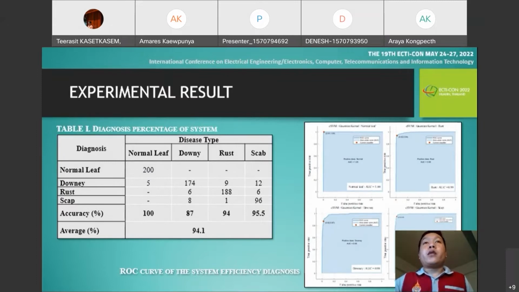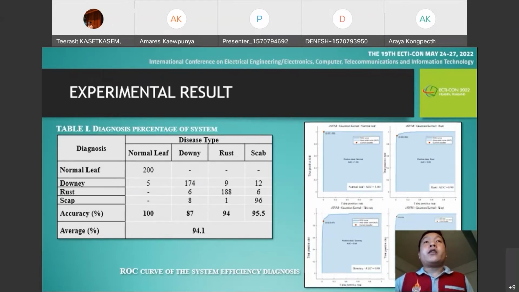Rust disease with an accurate diagnosis rate equal to 94% and scab with 95.5%. The test results show an overall accuracy of 94.1% on average. The figure on the right side shows the ROC curve of each disease of the diagnosis system, showing the system efficiency of diagnosis in all patterns of disease.